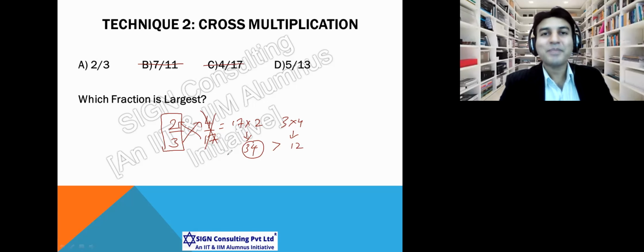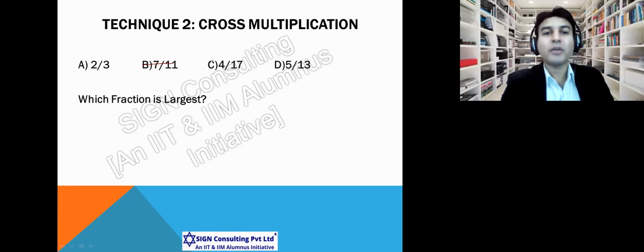Now the grand finale, I just have to compare option A with option D and check and see which fraction is the largest, and that will be my answer. So I have already struck out option B and option C. I'm now comparing option A, that is 2 by 3, with option D, which is 5 by 13.